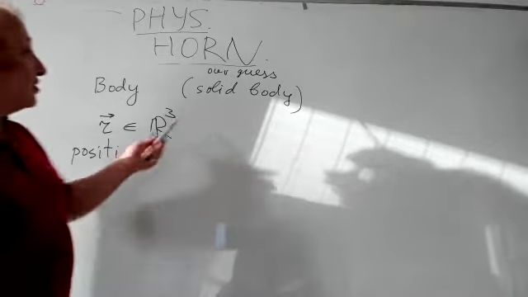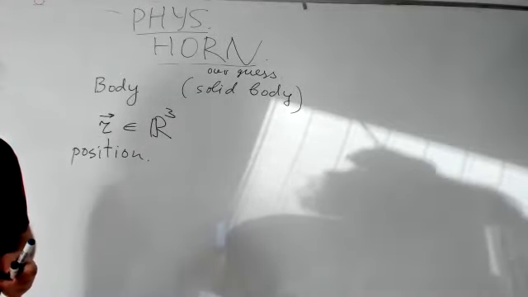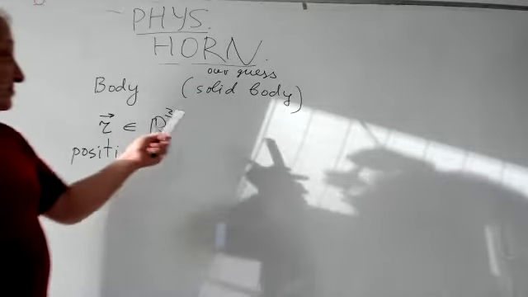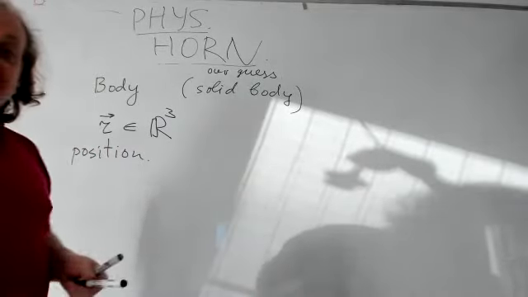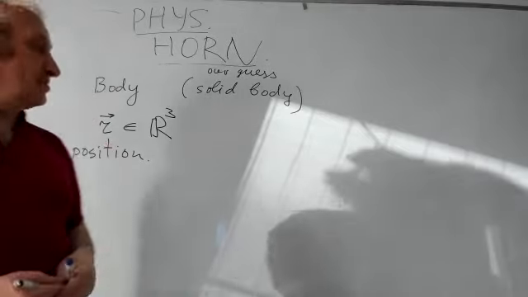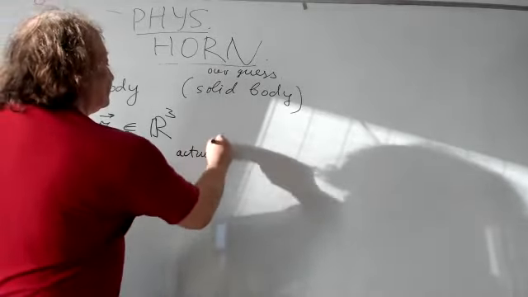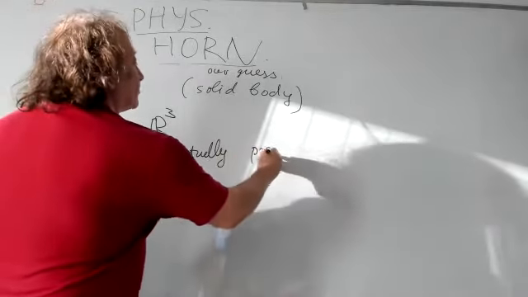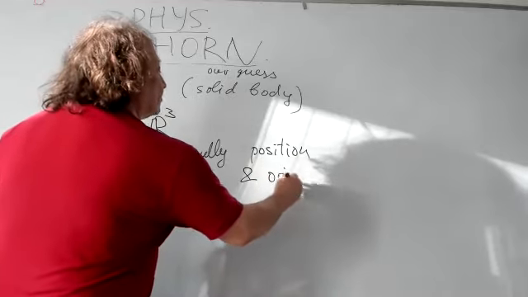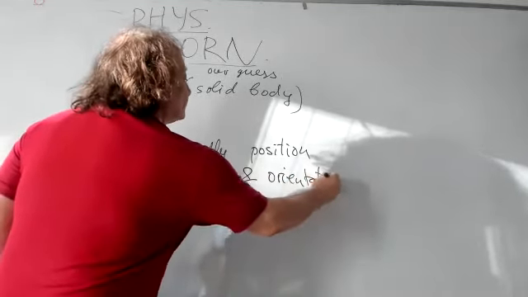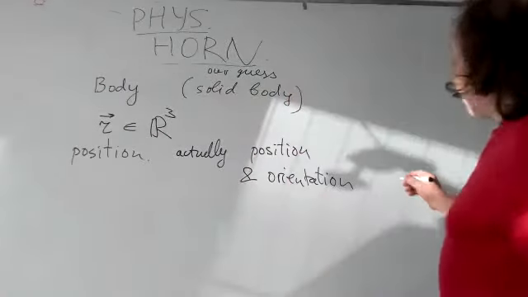As you know, if we consider a solid body, it is given not by 3 numbers, but by 6 numbers, namely position and orientation.